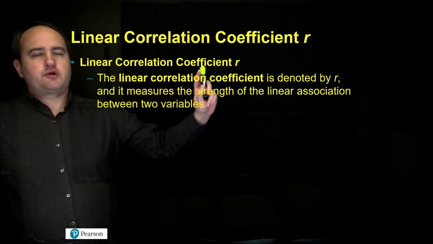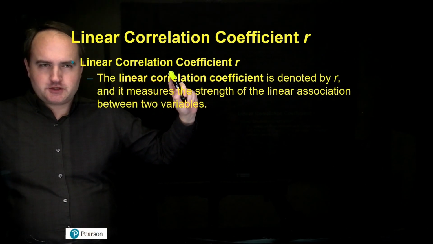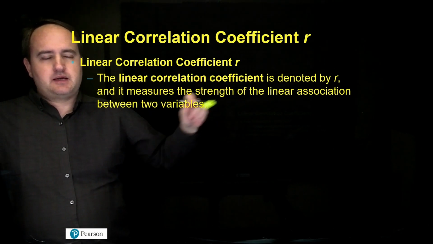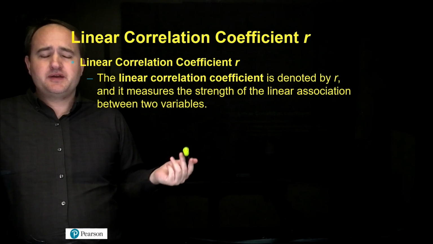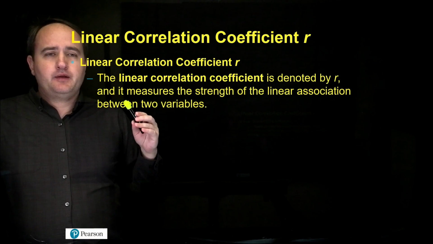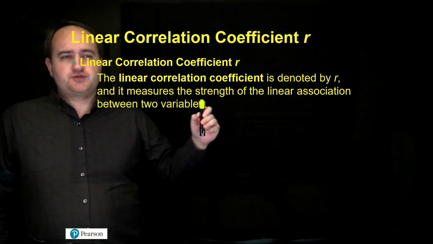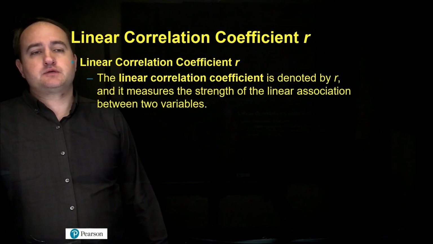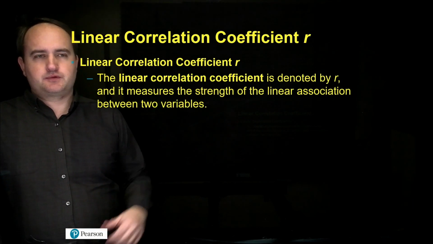The linear correlation coefficient, R, is going to be a number between -1 and +1. It's going to be a decimal, and it measures the strength of the linear association or the linear correlation between the two variables.